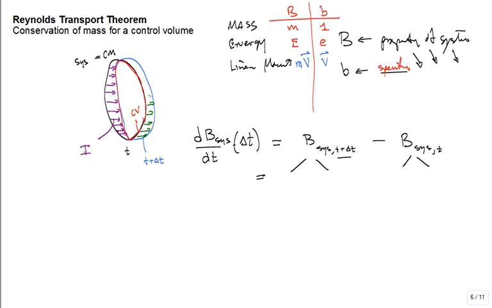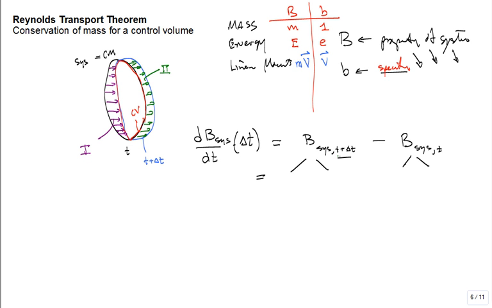And then you come over and you say, what is all of this? That's a different region. Maybe I call that region 2 to contrast it with region 1. All of that fluid that's now in region 2 was inside the CV, but now it's swept out. At time t plus delta t, it's now out.